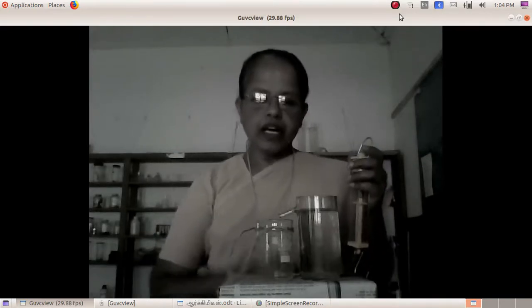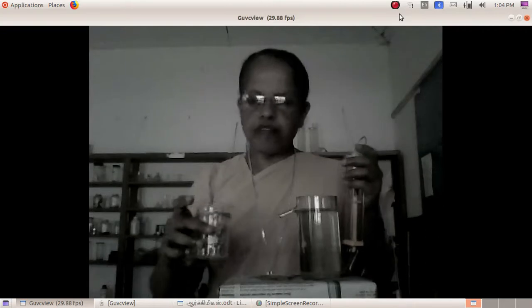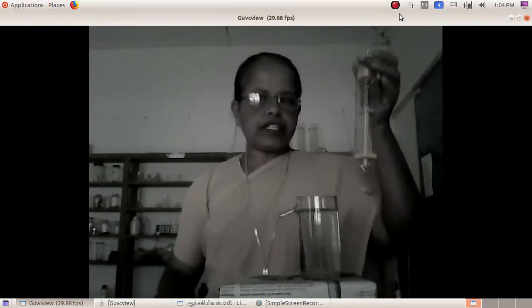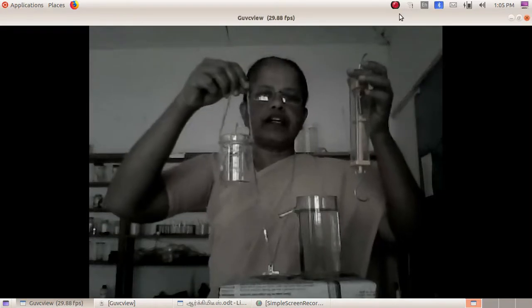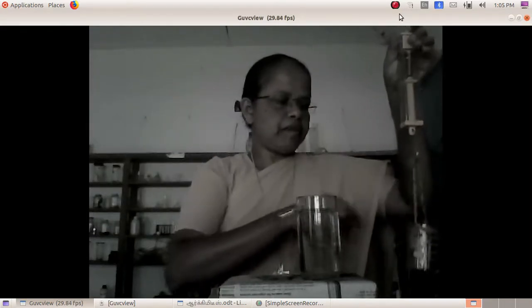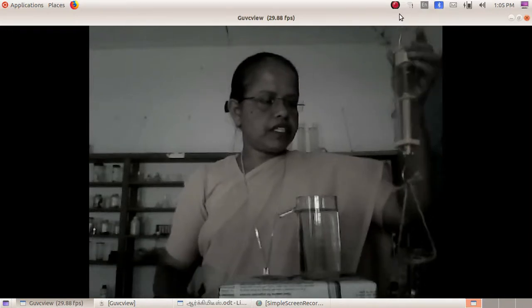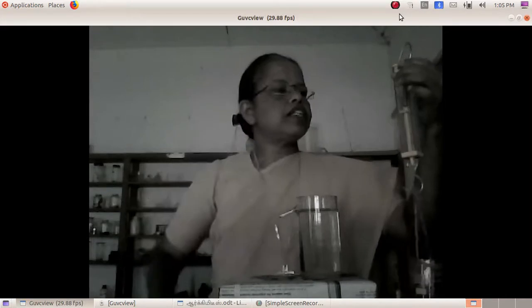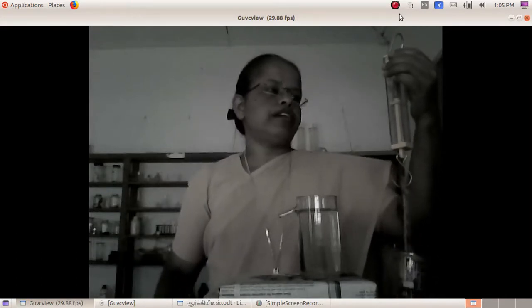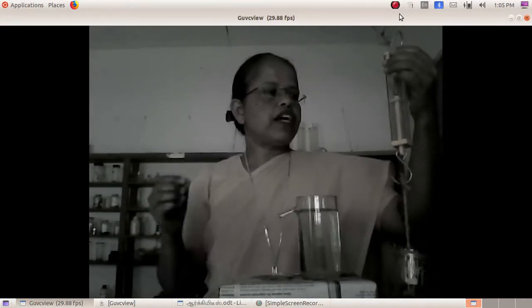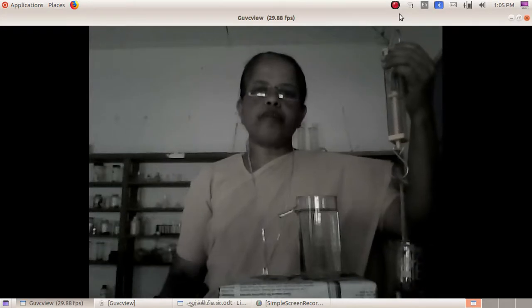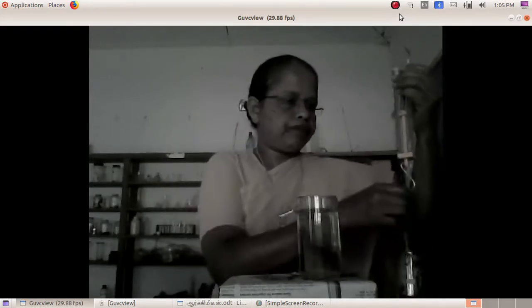Now, in the beginning itself, using the spring balance, you measure the weight of this measuring jar. The empty jar. What is the weight of this jar? It is 0.5 Newton. So you can mark and keep. The weight of the empty jar is 0.5 Newton.